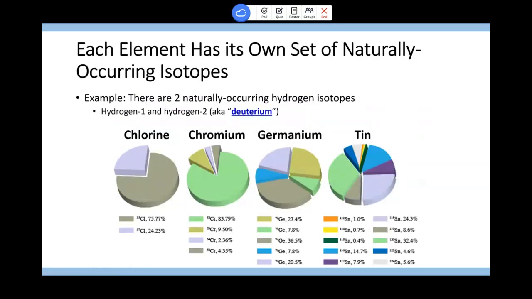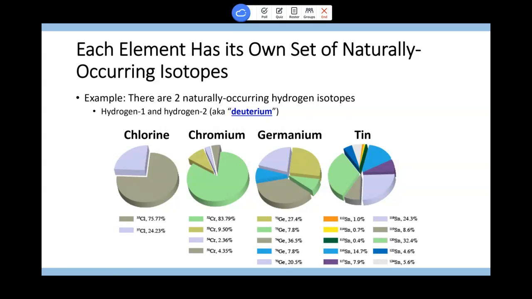So each element that we have on the periodic table has its own set of naturally occurring isotopes. So we talked about chlorine. Chlorine has 2 naturally occurring isotopes, chlorine 35 and chlorine 37. Chlorine 35 is much more abundant naturally than chlorine 37. Chromium has 4 common isotopes.